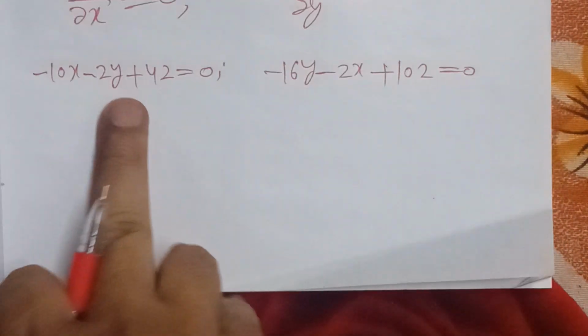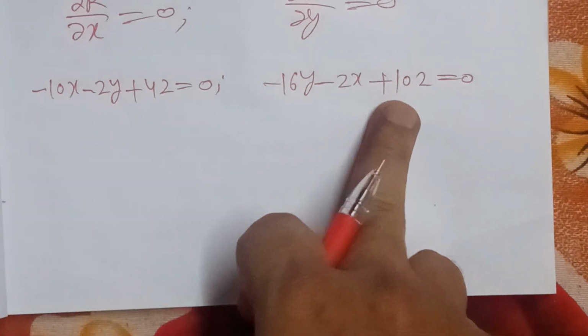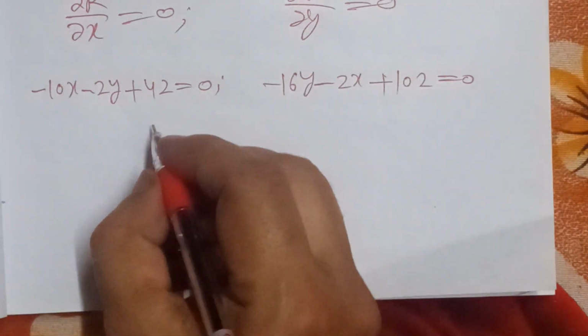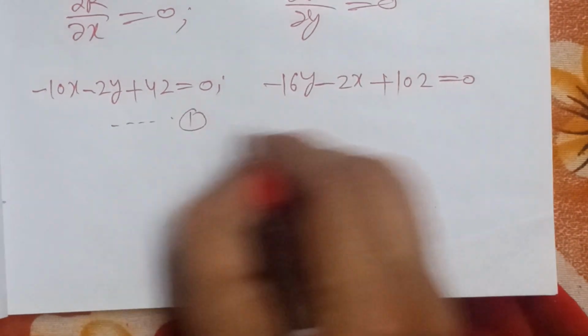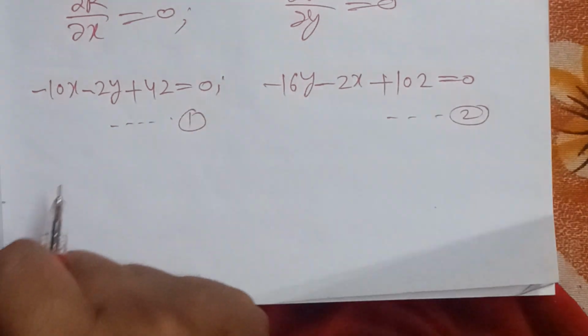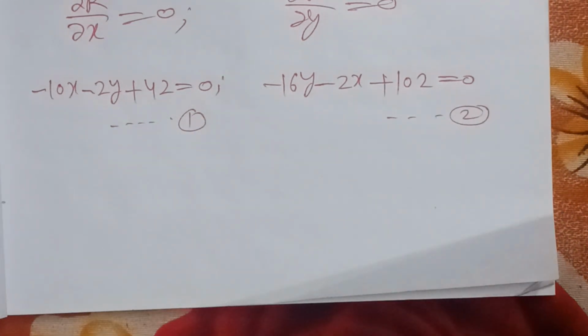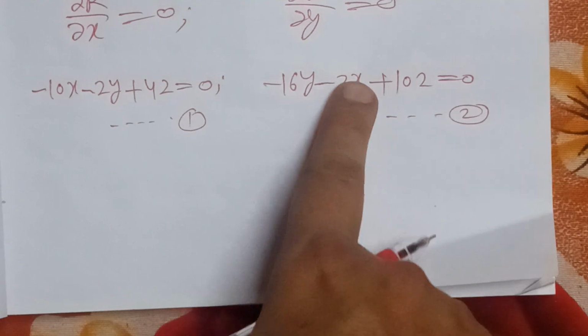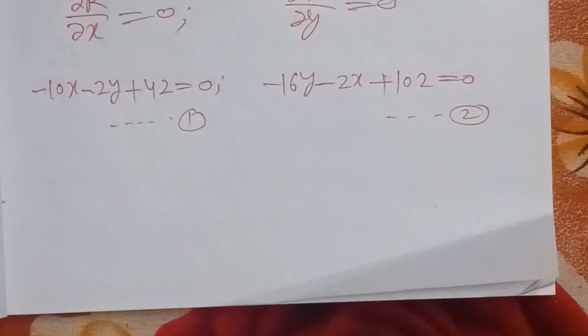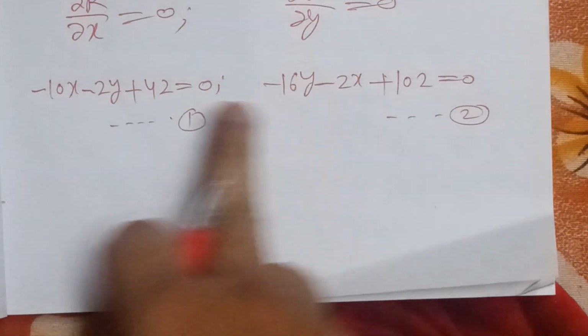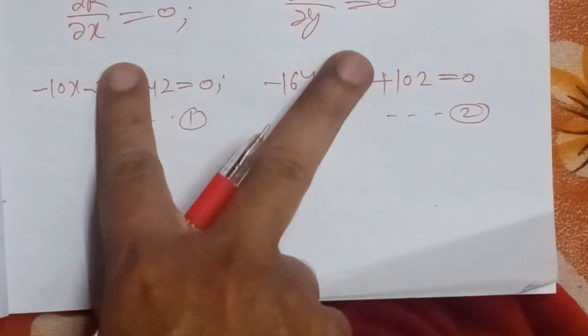We have to solve this equation, and I write this as equation number 1 and this as equation number 2. If you want to find the value of x, you should eliminate y in both equations.